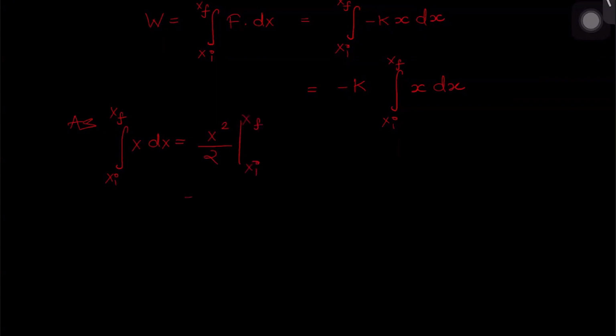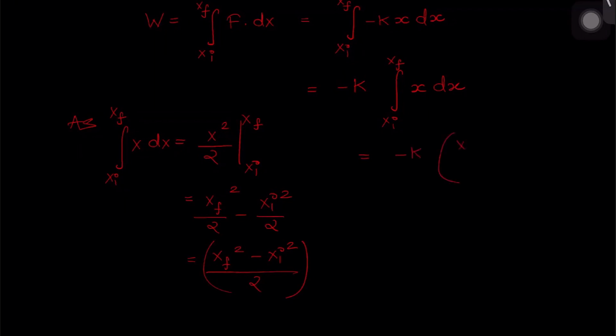I'll put the values here. It is xf square by 2 minus xi square by 2, which is xf square minus xi square by 2. So the work done is minus k times (xf square minus xi square) by 2.